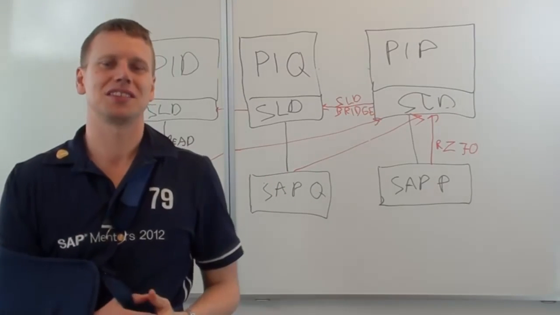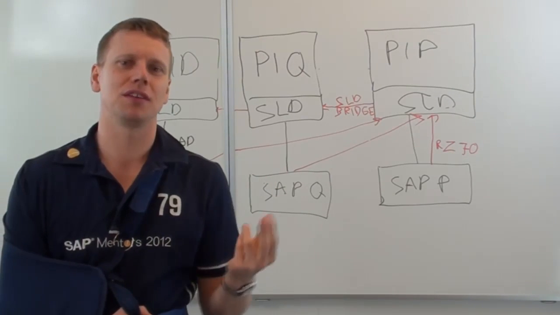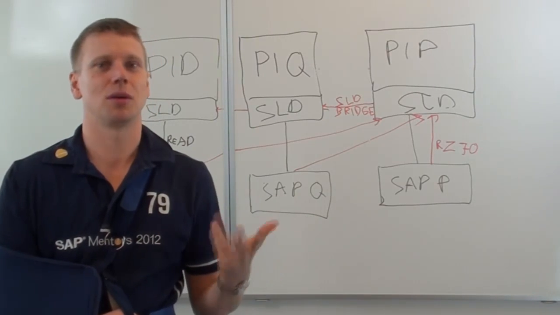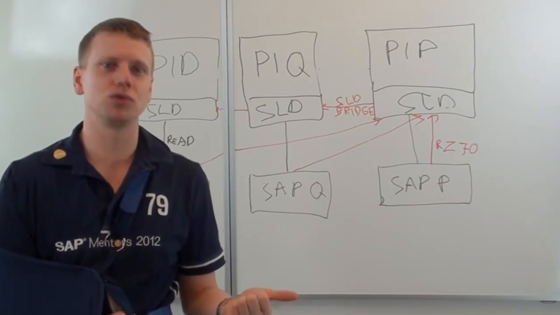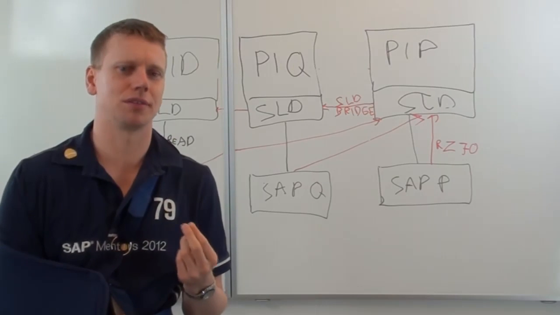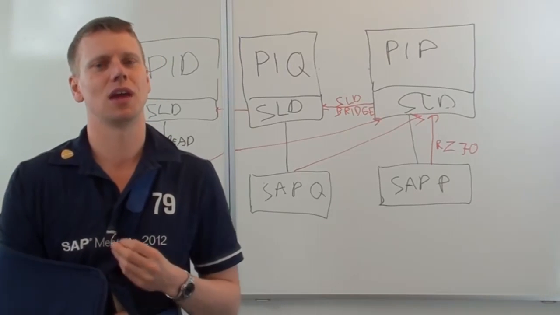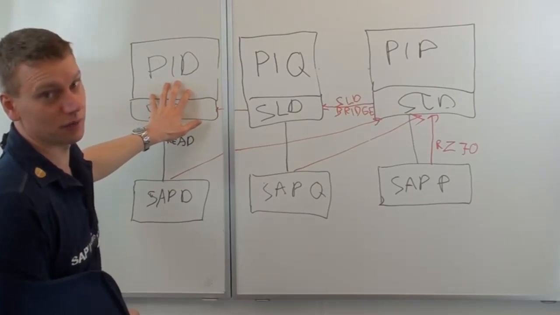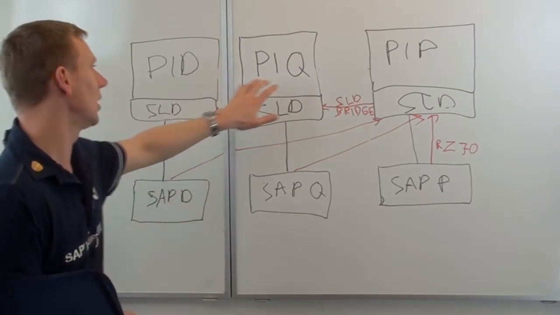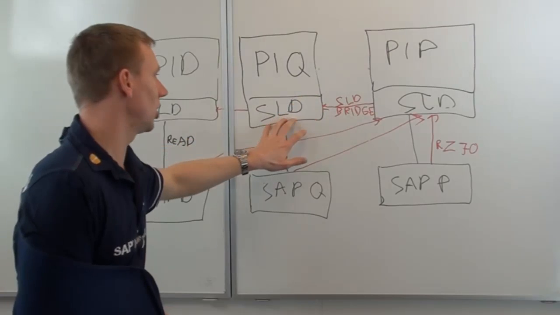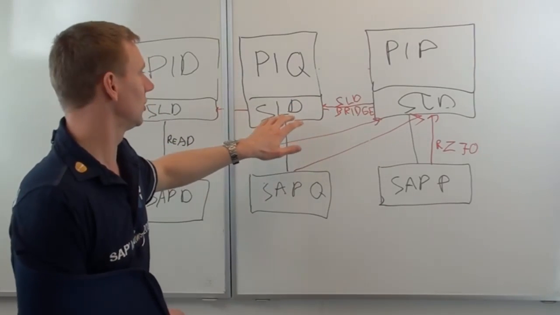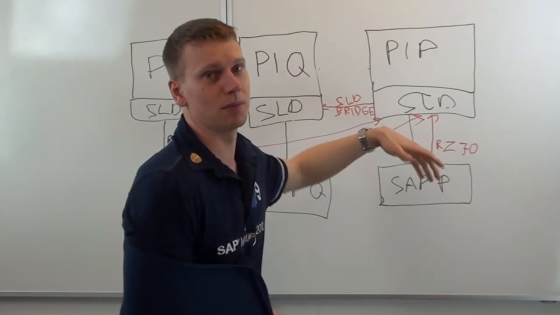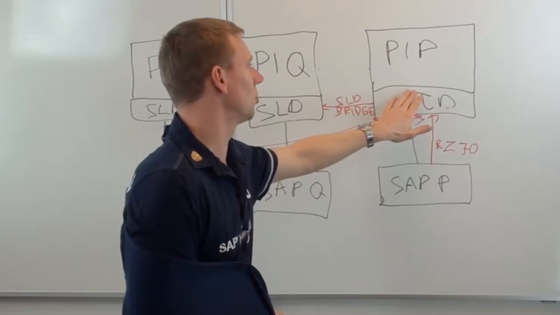So the thing is, on SAP systems you have the SLDs, and sometimes you would have it on two systems, sometimes on three systems, all different environments. Up here we have the PID for development, and it has an SLD. The PIQ for testing and QA has an SLD, and PIP for production has its own SLD.